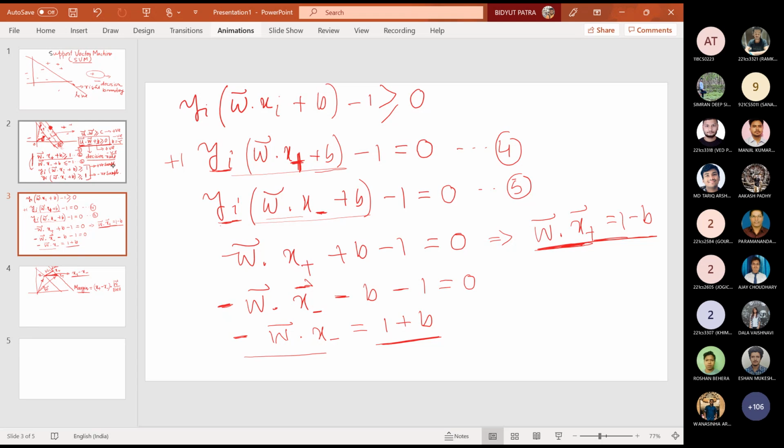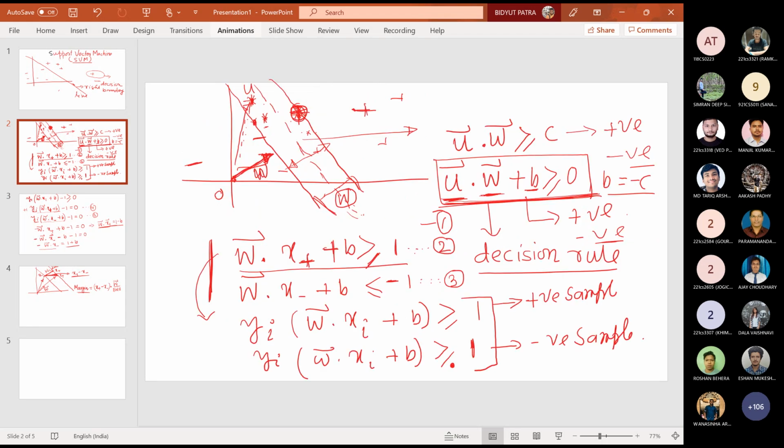Because here what we learn is this. See, we did it up to here. This is the sample xi and then we got two equations. So interestingly, if we multiply with the class level of the individual sample, what will we get? So this is positive sample, so class level will be positive +1. So therefore yi is multiplied.